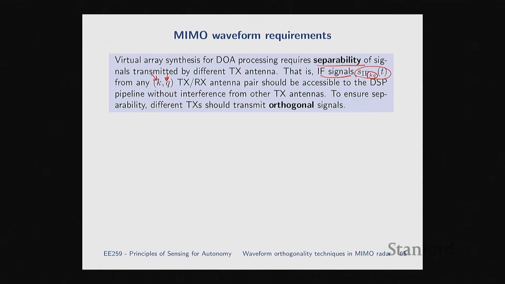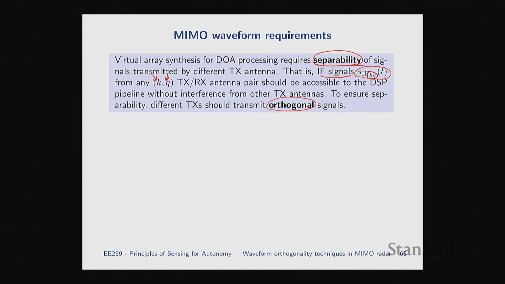So for this separability assumption to hold, which is the underlying assumption of basically all of our MIMO DSP, we need orthogonality between the signals that different transmitters transmit. And by orthogonality, I mean perfectly separable, with no overlap or interference between different transmitters.